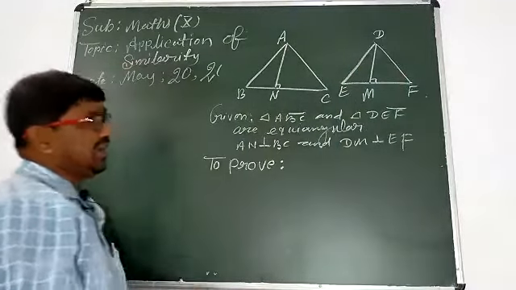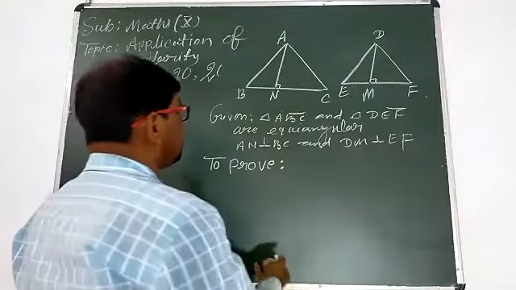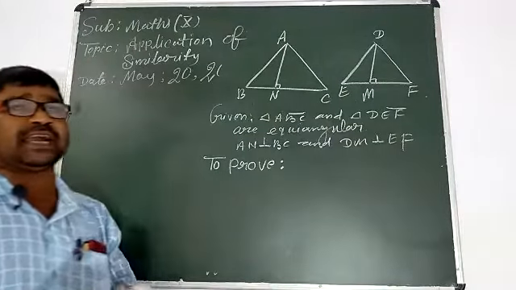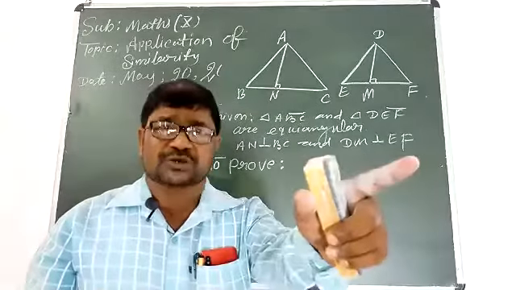We have drawn two perpendiculars here: one is AN, another is DM. So these two are corresponding altitudes.